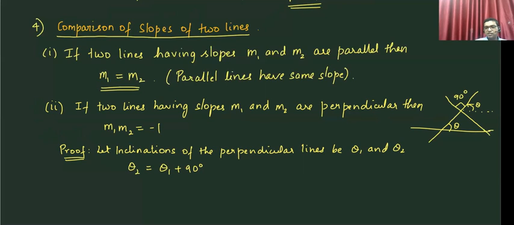This is the x-axis. With respect to the x-axis, this line is inclined at theta. The second line is perpendicular, so theta plus 90 degrees will be the inclination.